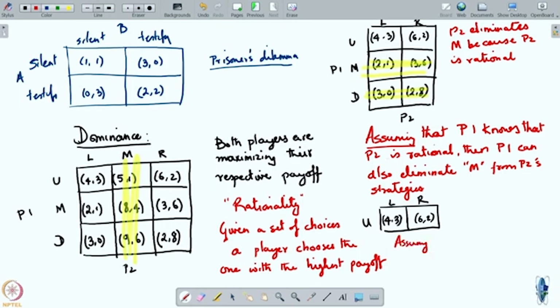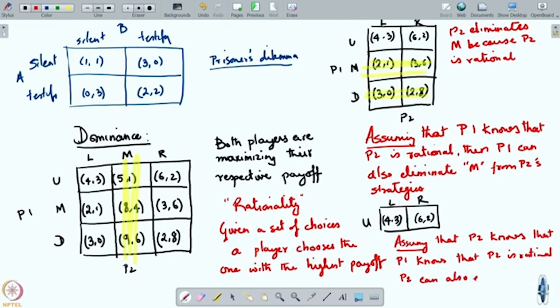So, assuming that P2 knows that P1 knows that P2 is rational, then P2 can also eliminate both M and D from P1's strategies.